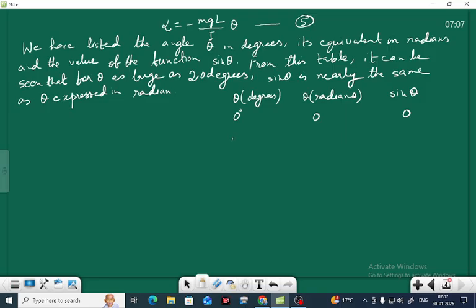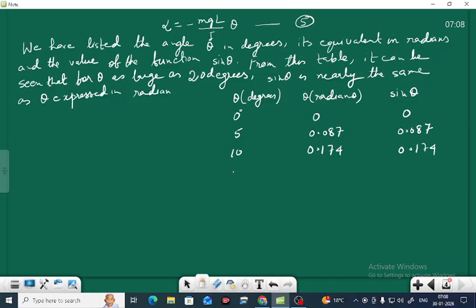For 5 degrees, the radian will be 0.087 and sin theta will be 0.087. For 10 degrees, theta in radians will be 0.174 and sin theta 0.174.